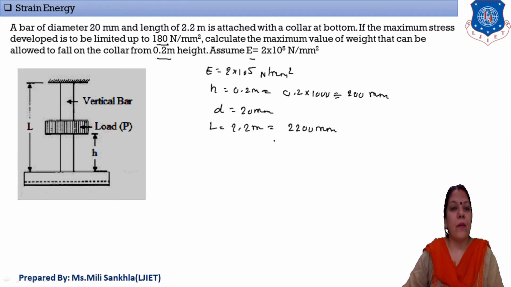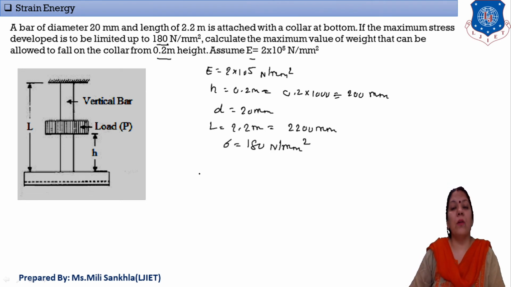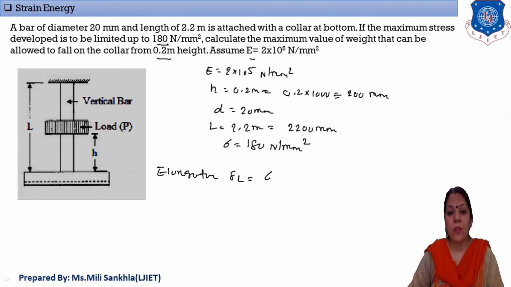And sigma stress is given 180 Newton per mm square. Now first of all, since sigma is given, we find out the elongation, delta L is equal to sigma L by E.